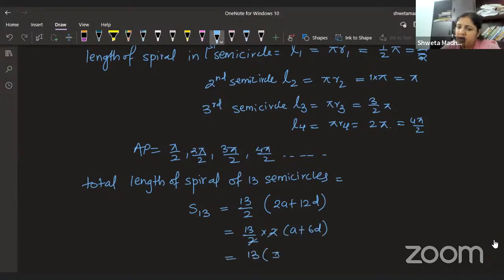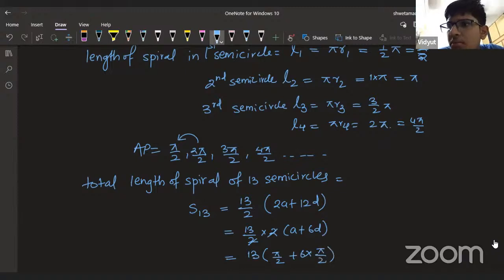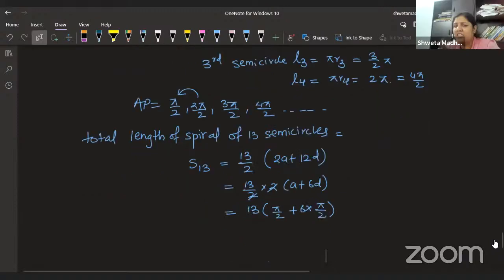pi by 2 plus 6 into, what is the difference? Pi by 2. So initially, don't substitute the value of pi. Substitute the pi value only at the end. Otherwise, you will get something else entirely.